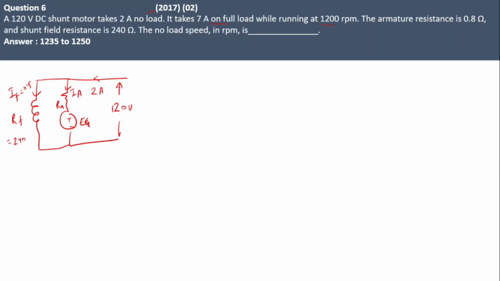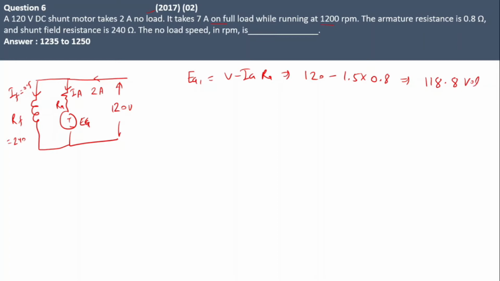This is Ra. So you can find out the Ea1 at no load. It is V minus Ia Ra. So it will be 120 minus Ia, which is 2 minus 0.5, 1.5, into Ra, 0.8. So you will get 118.8 volt.